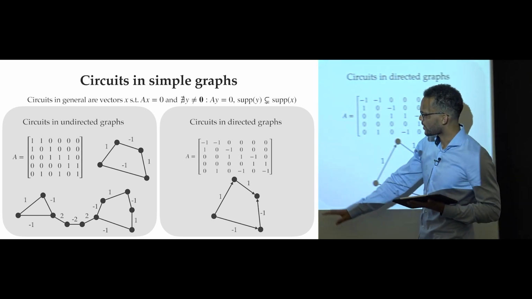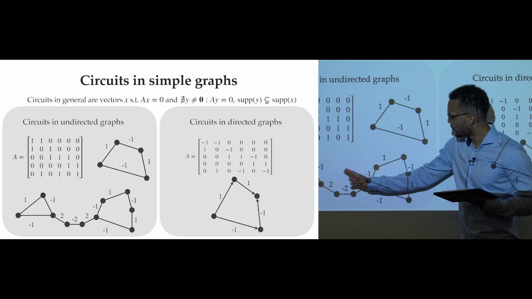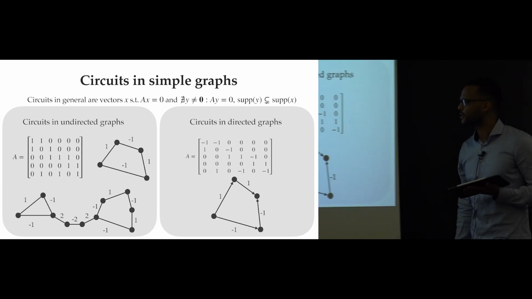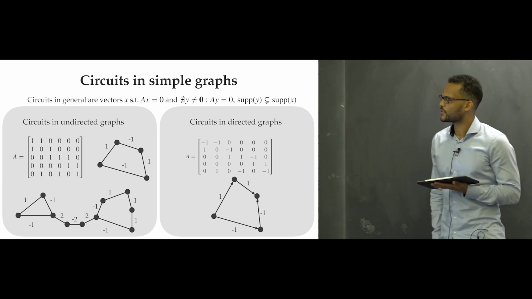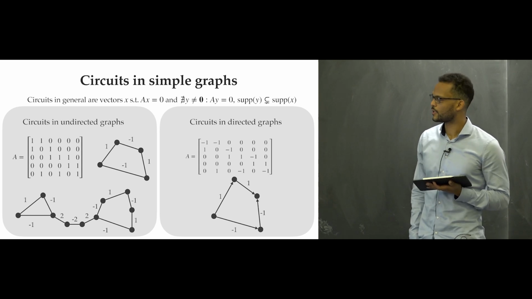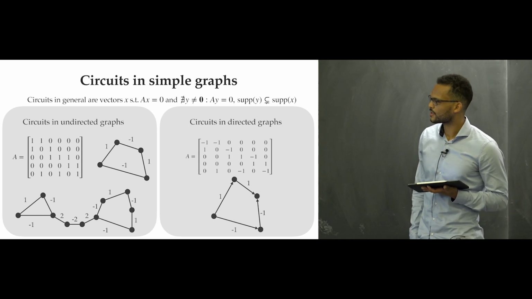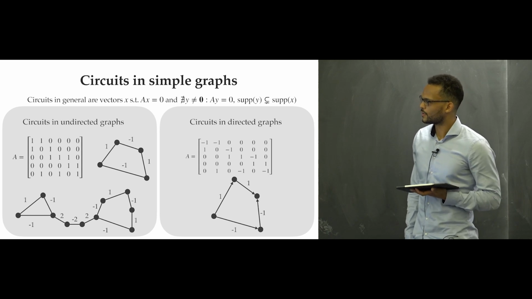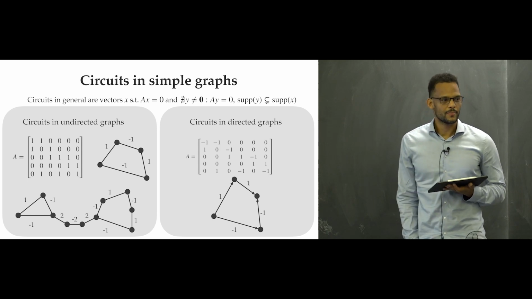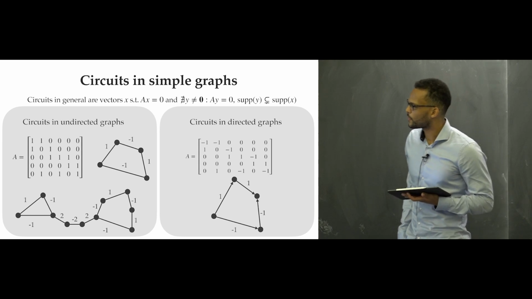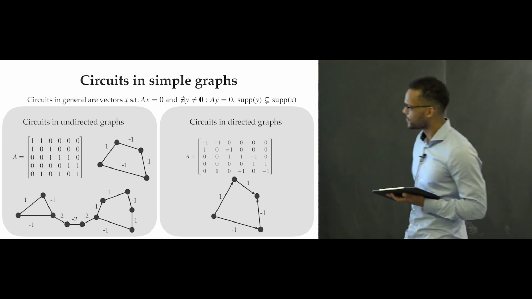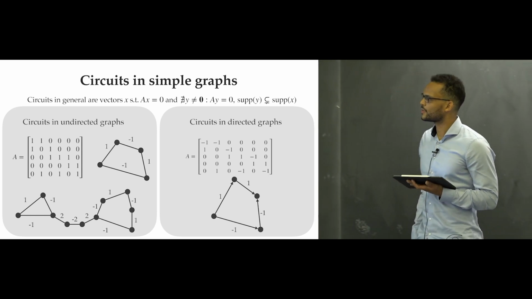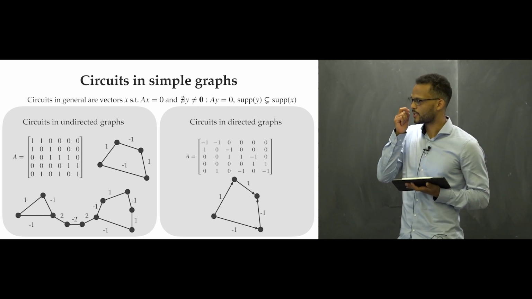You can check that for every vertex, if you sum over the values on the incident edges, this is 0. And it turns out that this set is inclusion-wise minimal, except for the empty graph, to have this property that all the incident arcs sum up to 0 at every vertex.